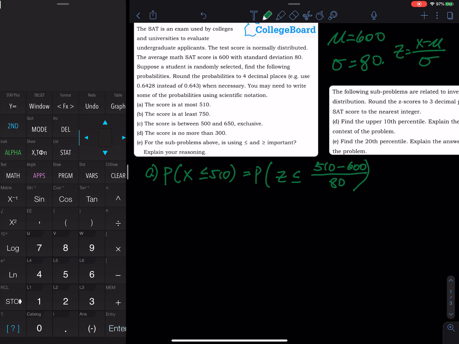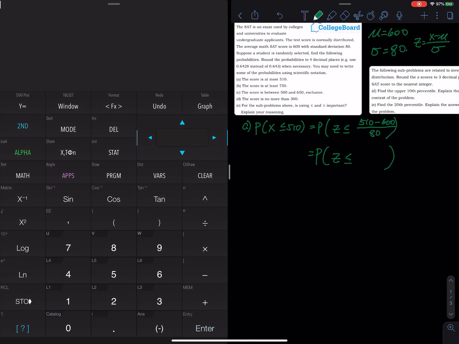So what does standardized mean? Standardized means we are going to compare 510 to everybody who took the same test. And that equals a number, right? So probability Z is less than or equal to, how do we do this in our calculator? This is how I do it. I use a parenthesis and do everything in one step.